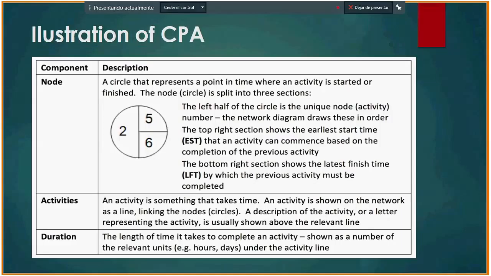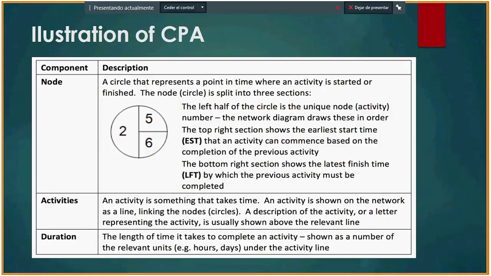The top right section shows the earliest start time, or EST, that an activity can commence based on the completion of the previous activity. The bottom right section shows the latest finish time by which the previous activity must be completed. An activity is something that takes time.